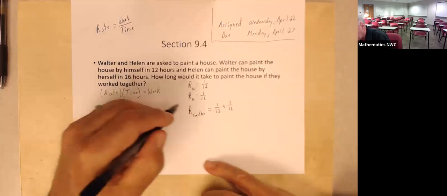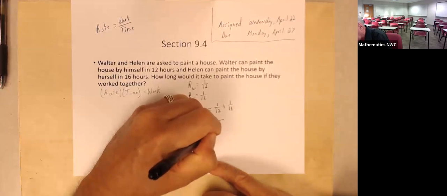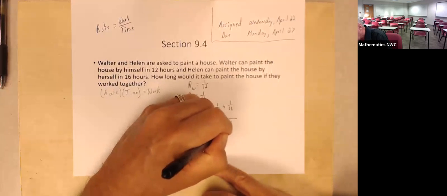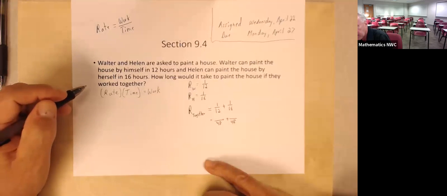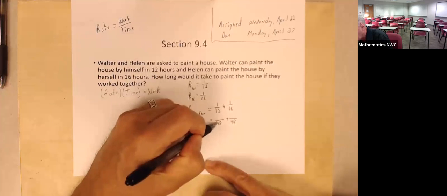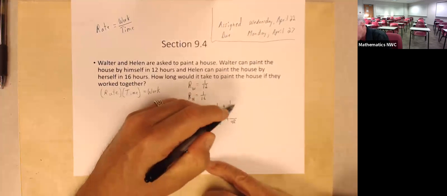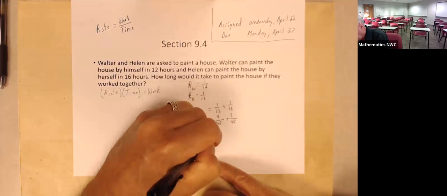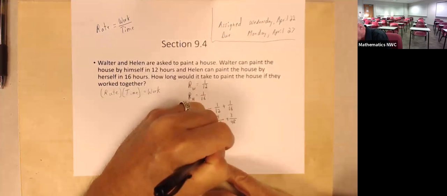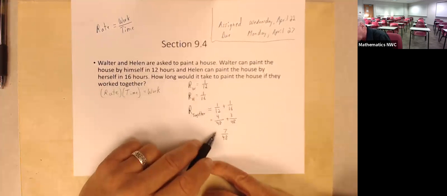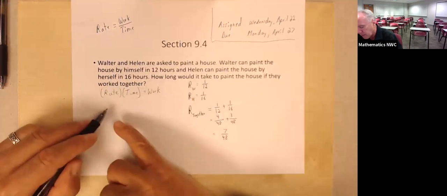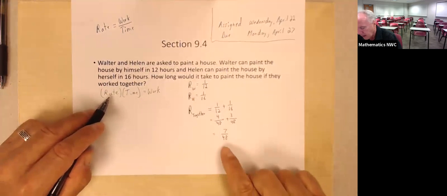We need a common denominator, which would be 48. This gets multiplied by 4, so I take 1 times 4. This one gets multiplied by 3, so I take 1 times 3. And I end up with 7/48. That's our rate together.